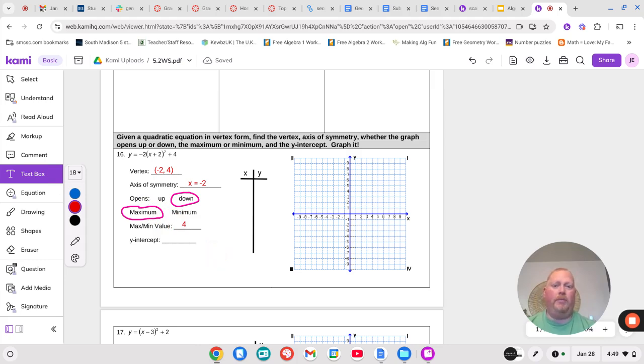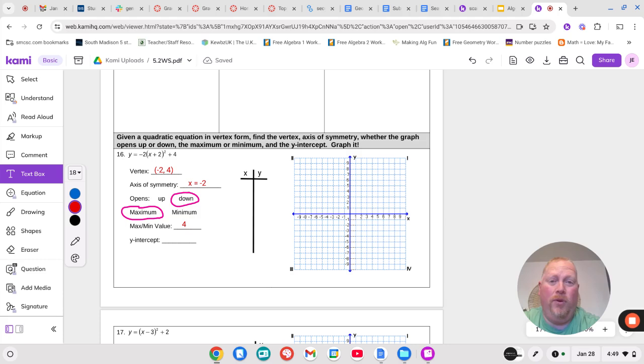And then the y-intercept, well, 2 ways I can do this. I can either plug in 0 into the equation. So if I did 0 plus 2, I'm going to work inside the parentheses first. So 0 plus 2 is 2. I square it and I get 4. And then I multiply by -2. Now I'm at -8.